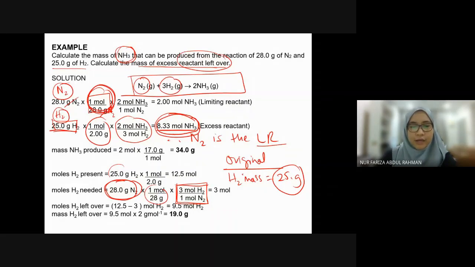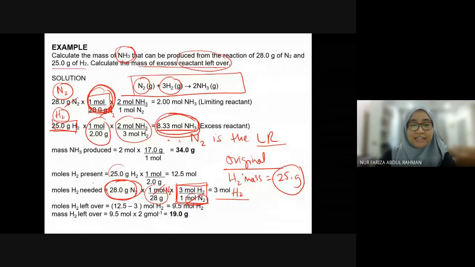Up here we have nitrogen, so below we should have mole of nitrogen also. At the top we should have hydrogen, so 3 mole of hydrogen. This one cancels off and we end up with mole hydrogen. So cancel, press the calculator, and we get 3 mole of hydrogen.